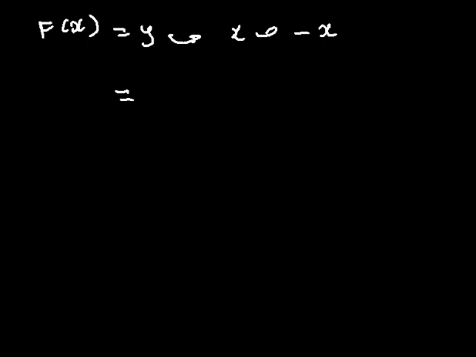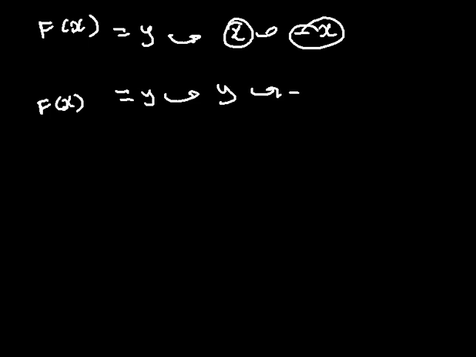Symmetry about the y-axis is obtained upon substituting negative x for x, and symmetry about the x-axis is obtained upon substituting negative y for y.